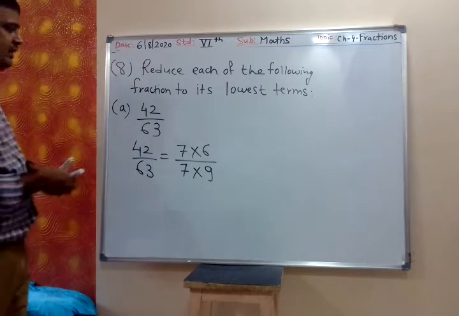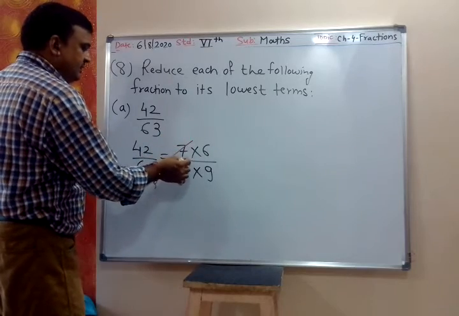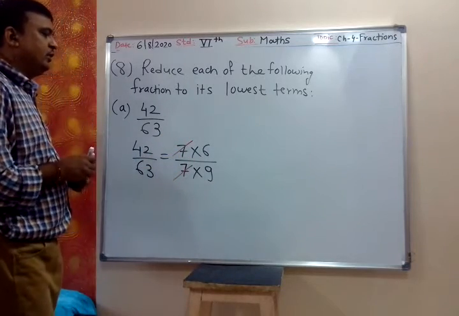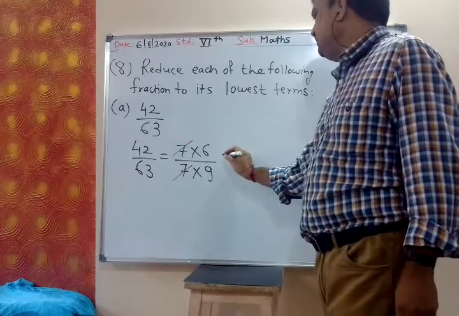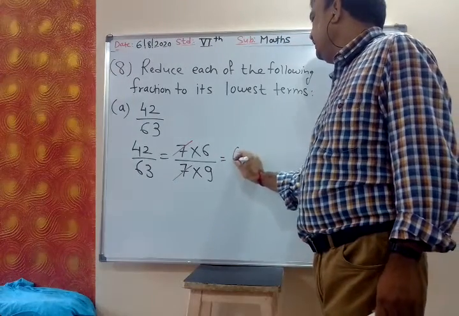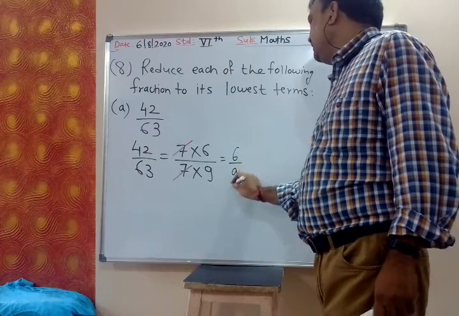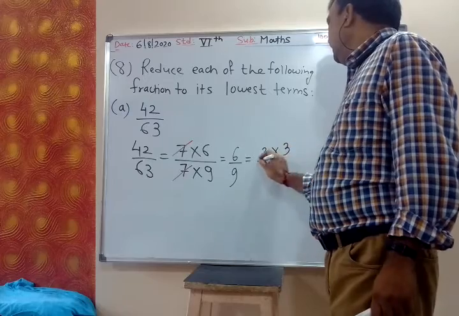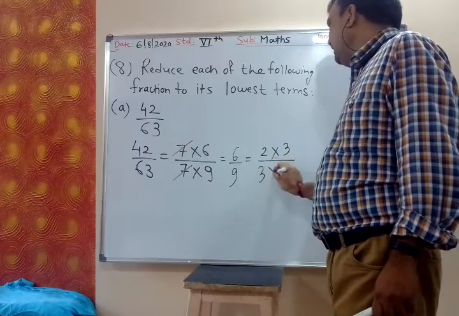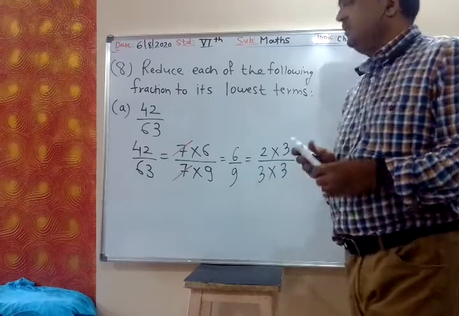Now 7 I can cancel. So what is left? 6 upon 9. Now further, 6 I can write as 2 into 3, and 9 I can write as 3 into 3.